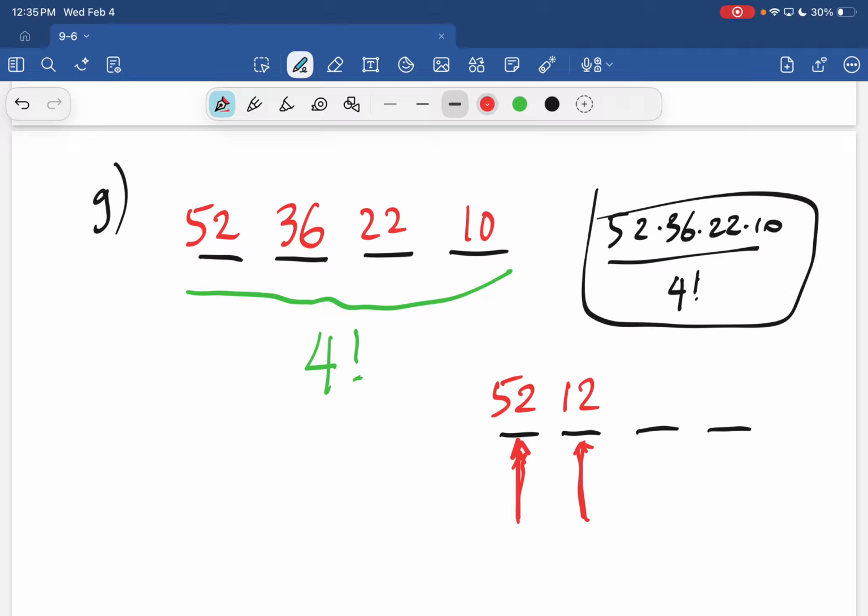Try to figure it out. This is 8, not 8 factorial. Okay, so then this is also 8. Yes, that one's 8.